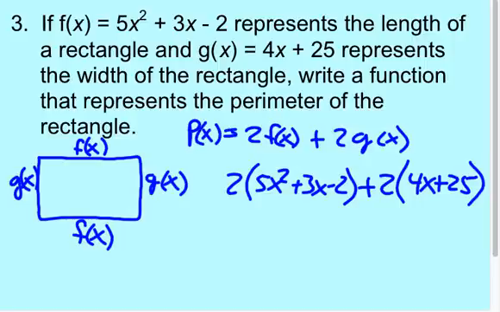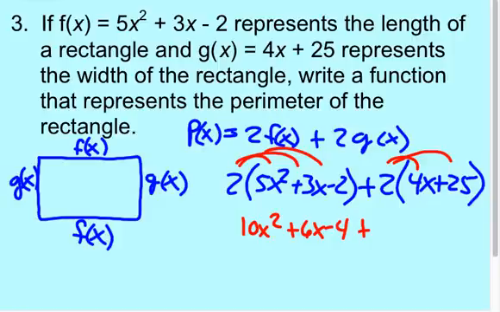Anyway, doing the work here, multiplying all these by 2 first of all, 10x squared plus 6x minus 4 plus, distributing the 2 here, you get 8x plus 100, and then just combine like terms. There's only one x squared term, so that's 10x squared. 6x and 8x, that's plus 14x.